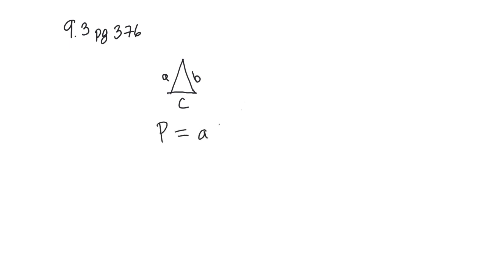So that would be A plus B plus C. If I wanted to find the area of a triangle though, area of a triangle equals 1/2 times the base times the height. This is the height, right? That in the middle.